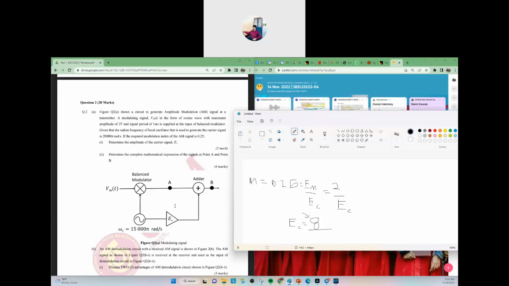Is it double sideband full carrier, double sideband suppressed carrier, or single sideband suppressed carrier? What kind of AM modulation are we trying to generate with this kind of system? Can you answer? This is important.